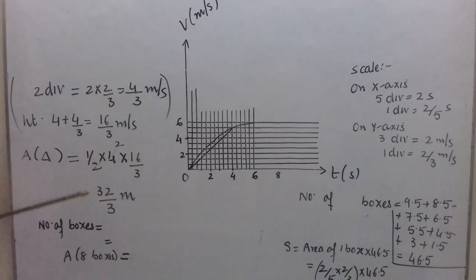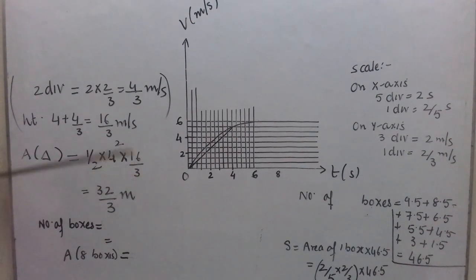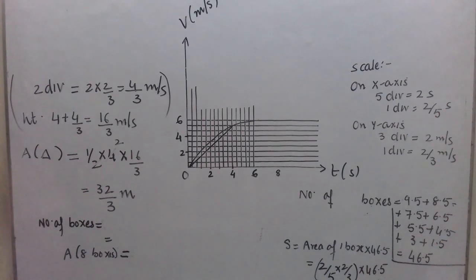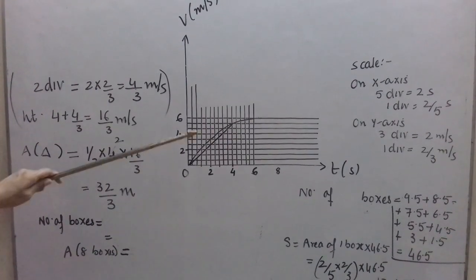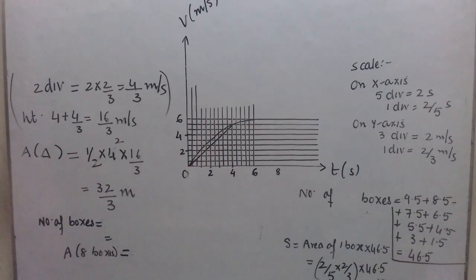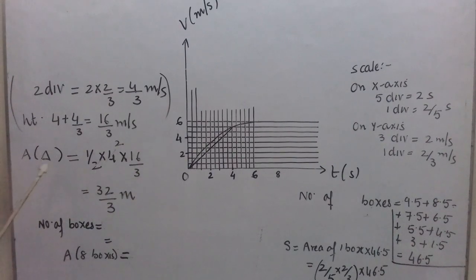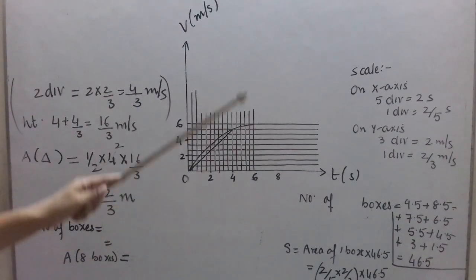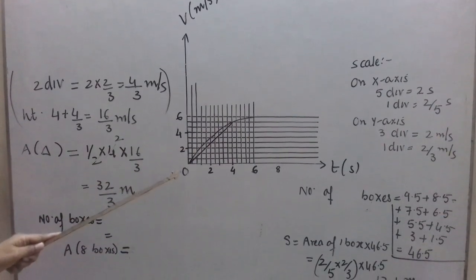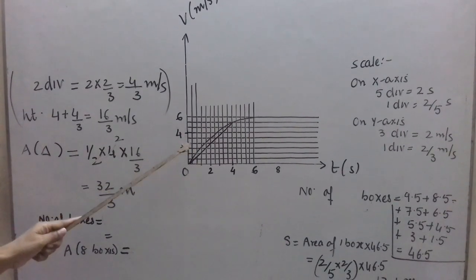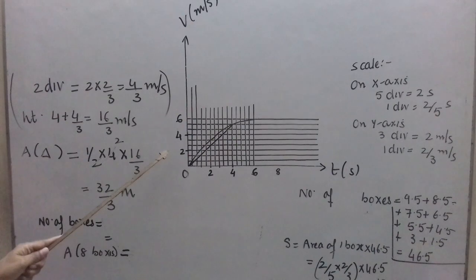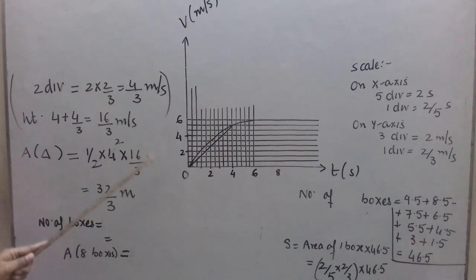And then you can add the area of the triangular region plus the area of those boxes, and you will get the distance covered, or the area under the graph, which represents the distance covered in the first 4 seconds. Students, I have just explained how to do this. Here I might have approximately counted the number of boxes as my graph is not perfect here. But when it is drawn on your graph paper, it will be accurately done.